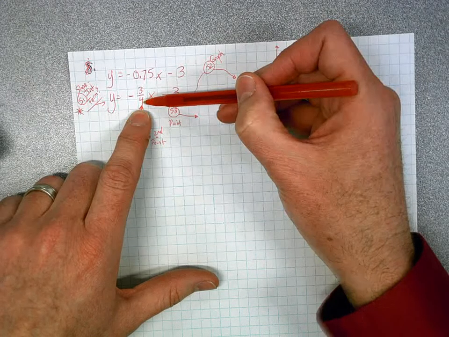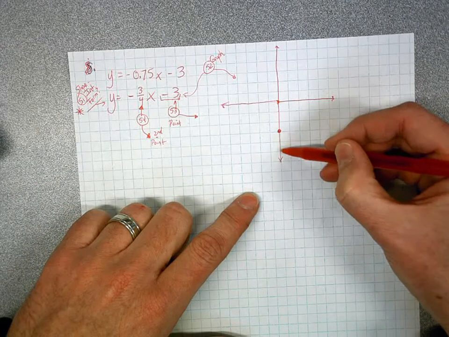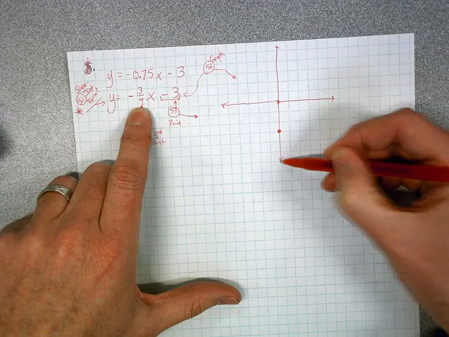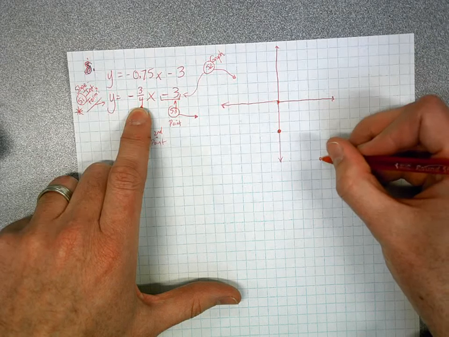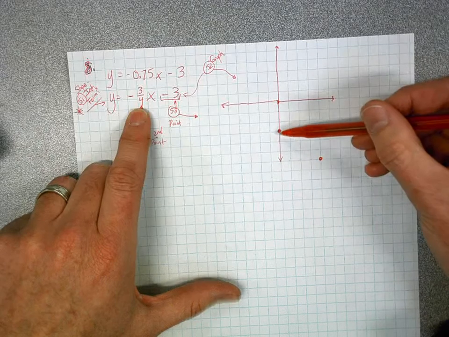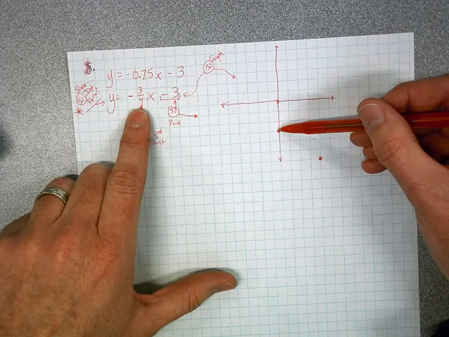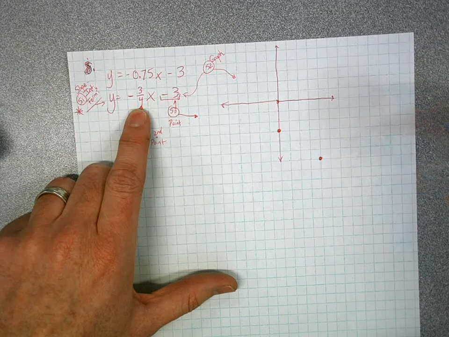So from this point here, it's going to go down 1, 2, 3, rise over run, and I'm going to run 4. 1, 2, 3, 4. Because I know that my graph is going to go through that point as well, I now have 2 exact points that the graph's going to go through.